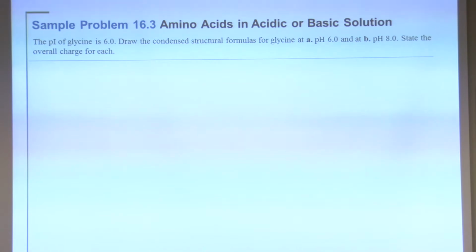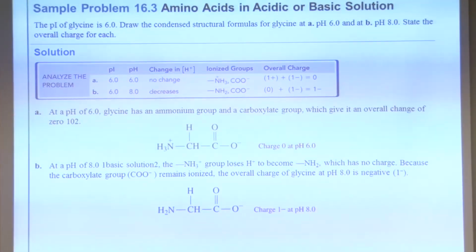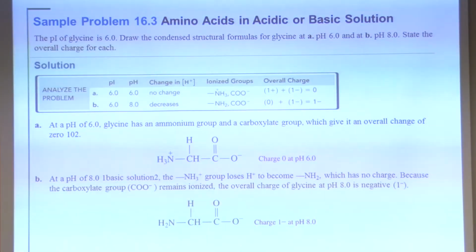Acidic, basic, state the overall charge in glycine. So glycine, the PI of glycine is 6.0. So at a pH of 6.0, there will be no change in the glycine structure. The overall structure remains the same.